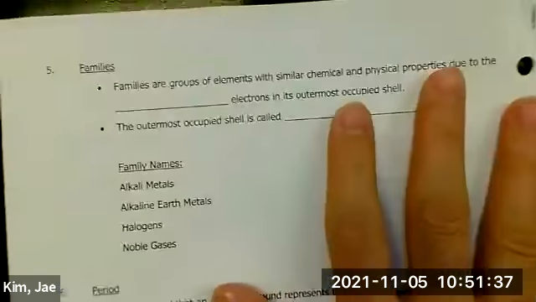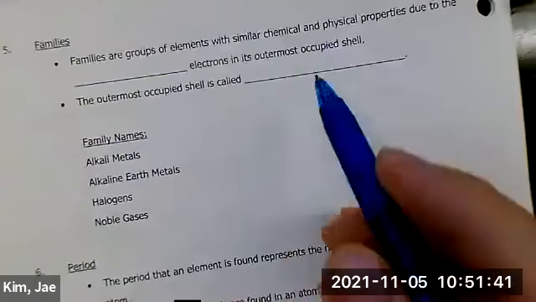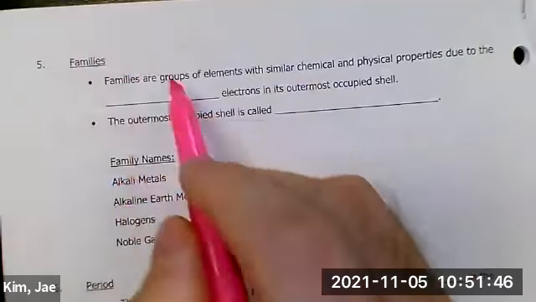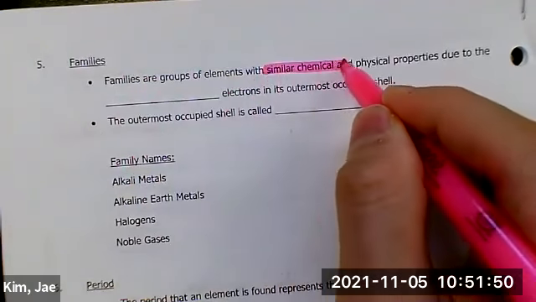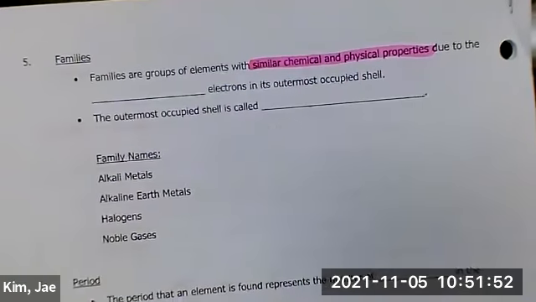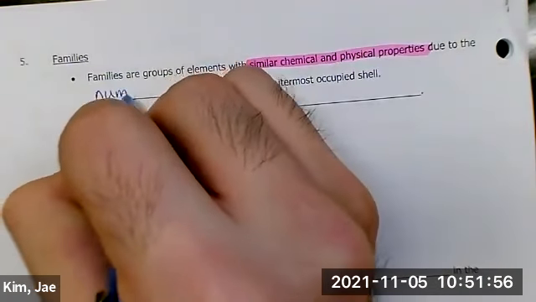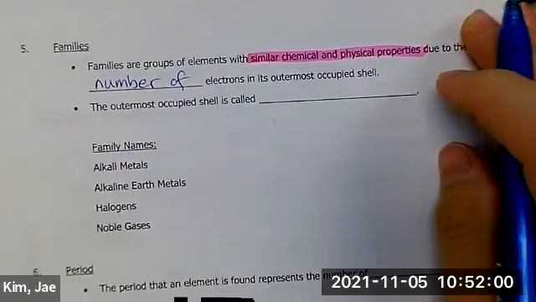All right, let's finish this last one. Families are groups of elements. So again, remember families are the columns. We have 4 different family names. Families are groups of elements with similar chemical and physical properties due to the number of electrons in its outermost occupied shell.